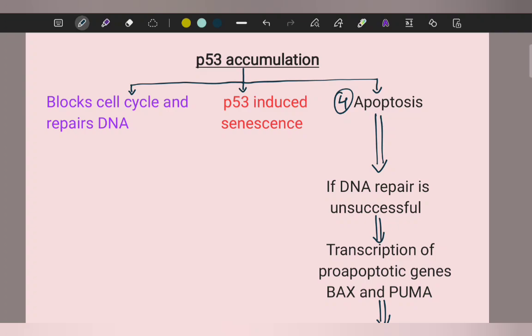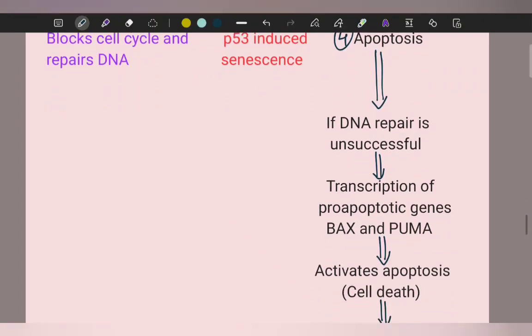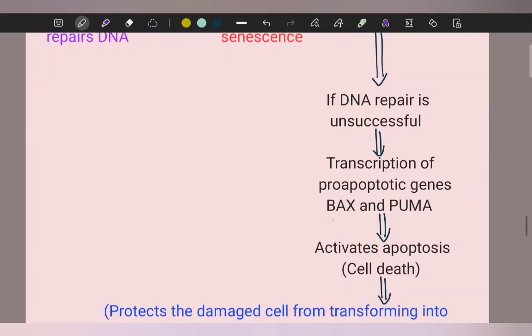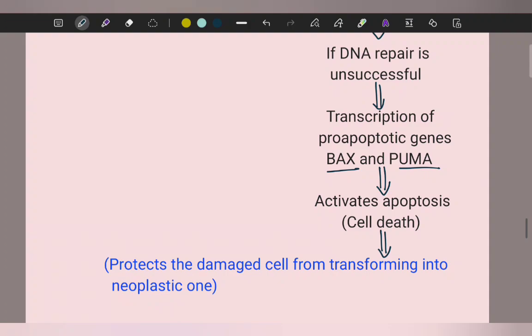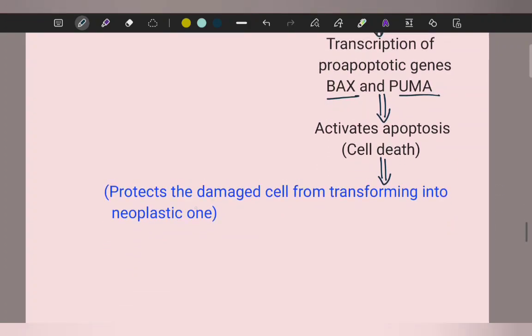When the mechanisms described above are unable to repair the DNA, then P53 also helps in transcription of pro-apoptotic genes such as BAX and PUMA, and these genes will activate apoptosis, and there is cell death. The advantage of this apoptosis is it will protect these damaged cells from transforming into neoplastic ones.